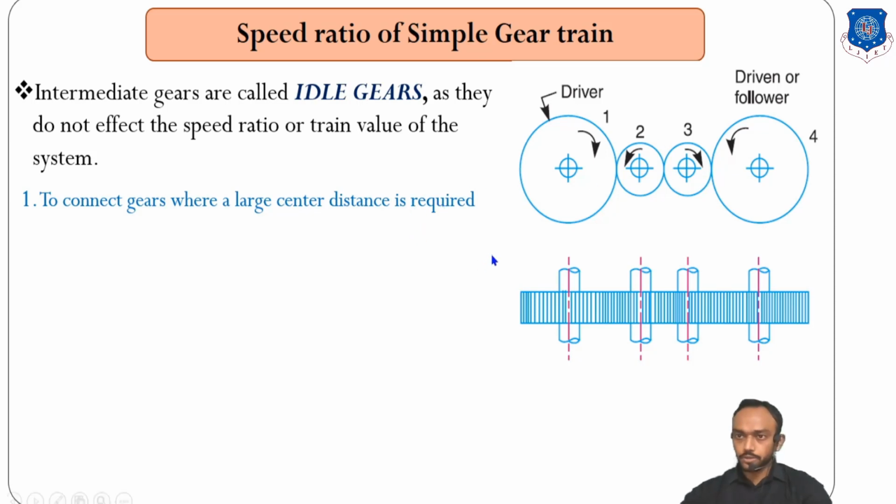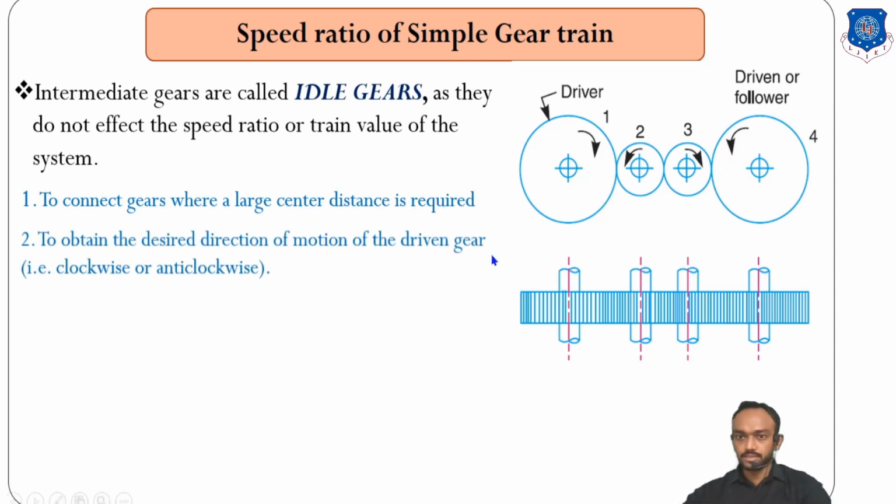Another use of the idle gear is to obtain the desired direction of motion. Have you checked or not? I am going to show you what happens. I am showing you how the direction can be changed by using idle gears.